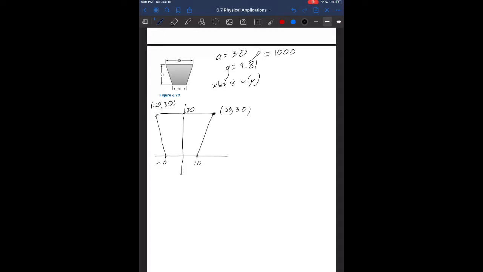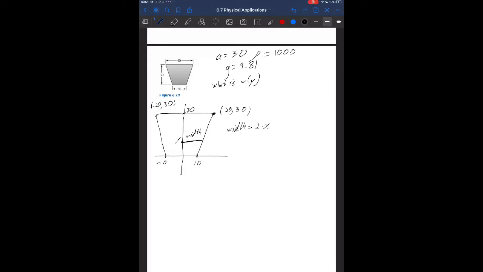So if we think about what the width actually means in terms of this coordinate system, we have some y value we're interested in. And we're interested in a width right here. Well, similar to the last problem, the width is going to be 2 times the x value. Width equals 2 times my x value.